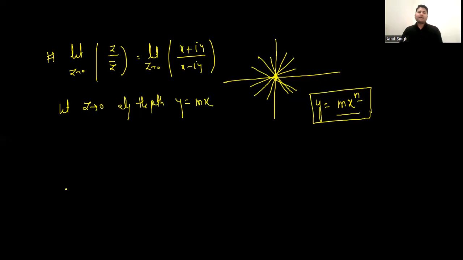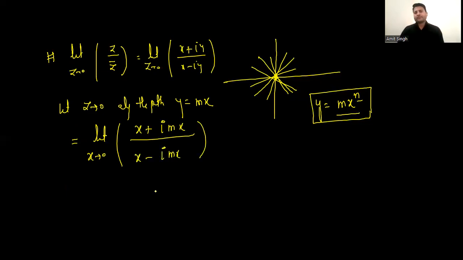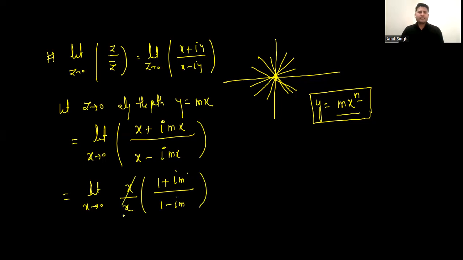I take the path y equals mx by taking n equal to 1. We put y as mx, so only the x limit is there: (x plus imx) over (x minus imx). I can take x common and cancel it out, so (1 plus im) over (1 minus im) remains.